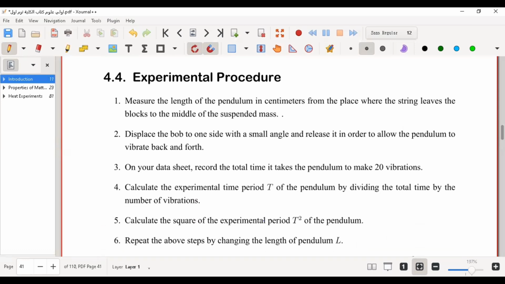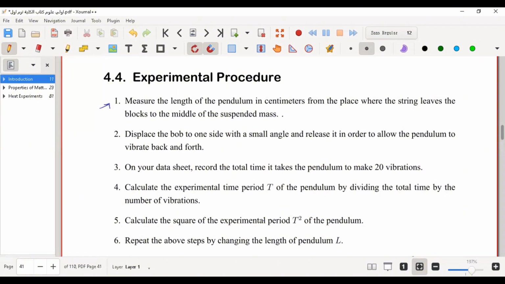First, we need to measure the length of the pendulum in centimeters, and this will be measured in the equilibrium position. Second, we will pull the bob to one side with a small angle and release it in order to allow the pendulum to vibrate back and forth. And by using our stopwatch, we will record the total time it takes the pendulum to make 20 vibrations.